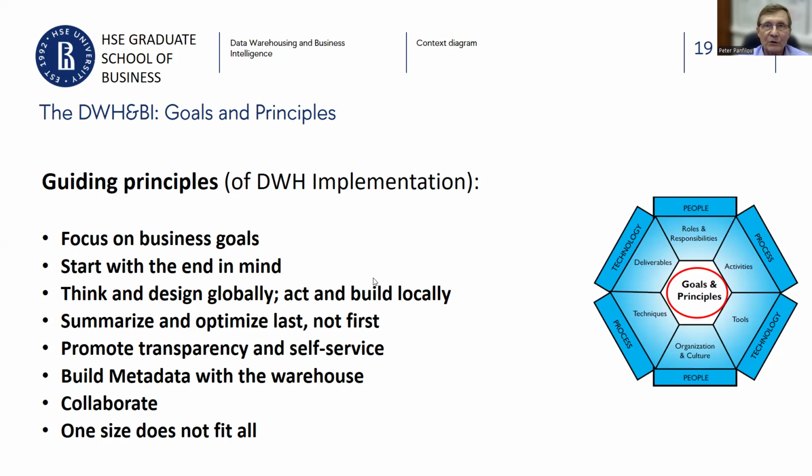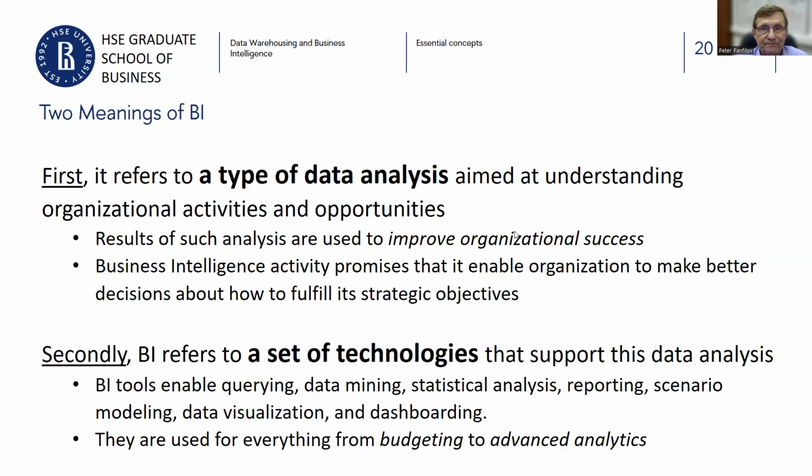Okay, and now we can go to something like theoretical stuff. It's not actually a theory. There is no mathematics or complex theory behind data warehousing, but there is some foundation that we need to understand before we can go to the practical stuff.